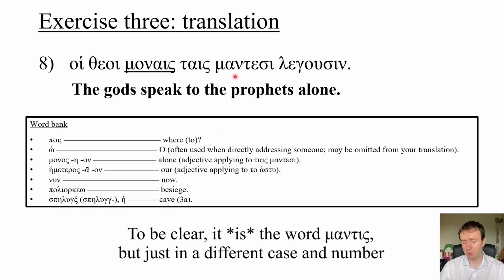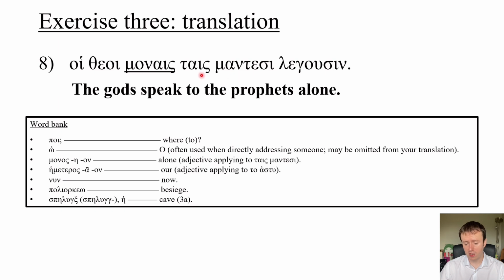Well, this comes from the word mantis, but here we've got tais and we've got the ending si, which can sometimes be sin, that's used here. So, we know from the ending si/sin and the definite article tais that this is dative plural. And therefore, it's going to be to the prophets or seers, or for the prophets or seers.